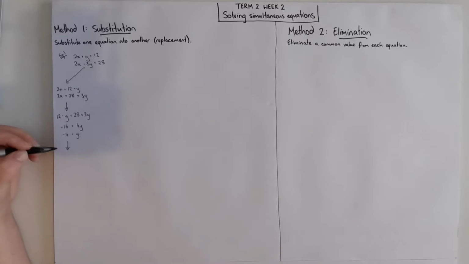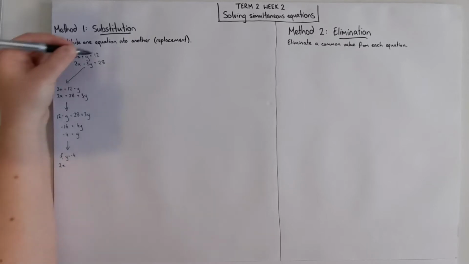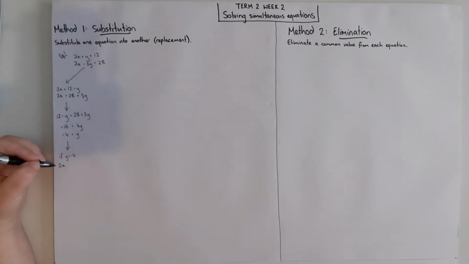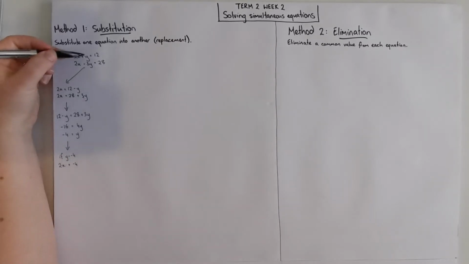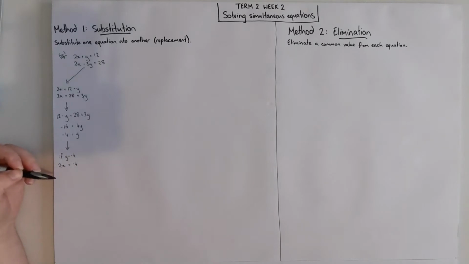So my next step is to say that if y equals -4, because I must always communicate what I'm doing, that means that, and I'm just picking the first equation to work with here, 2x plus y, which in this case is -4. So I am replacing y with -4.